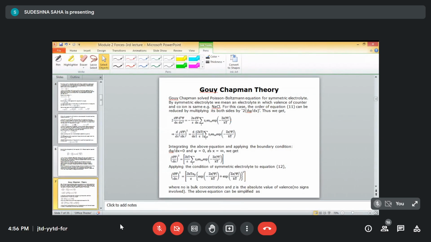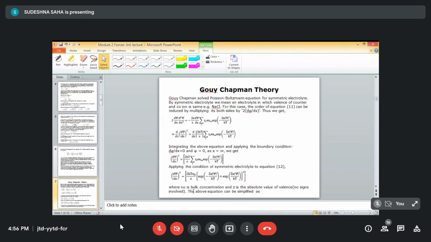If you just put this boundary condition, you will obtain this equation: (dψ/dx) whole squared will be equal to 2kT divided by epsilon into the charge density function. And if you go for the condition of symmetric electrolyte, this equation can be further simplified like this, where n naught is the bulk concentration and z is the absolute value of valence.